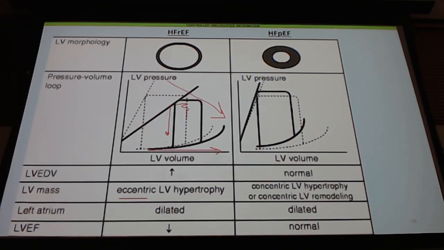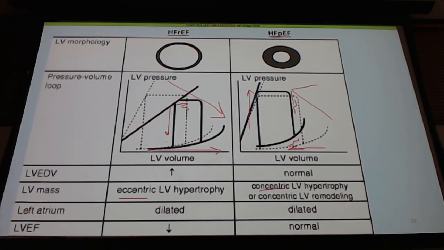When I have HFpEF, and I have that concentric hypertrophy, I'm able to tolerate and generate a higher squeeze, so I can generate a higher pressure, but I'm not flexible enough to stretch, so my preload moves over to the left, and ultimately my pressure loop goes up and to the left. And now I'm losing all of this stroke volume.